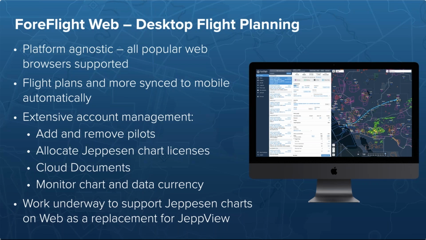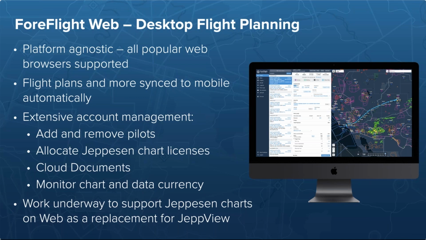They're stored in the cloud and automatically synchronized to all the mobile devices. And obviously very important is monitoring the chart and data currency that your flight crews are using, or that you may have if you're on an individual license as well. So very important feature there.